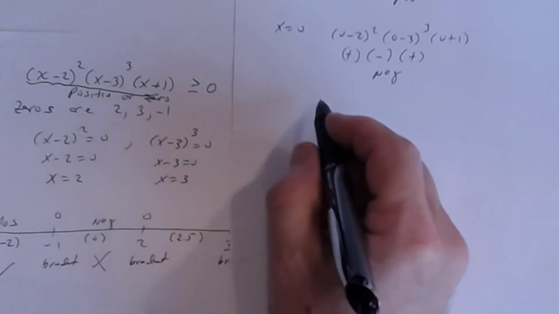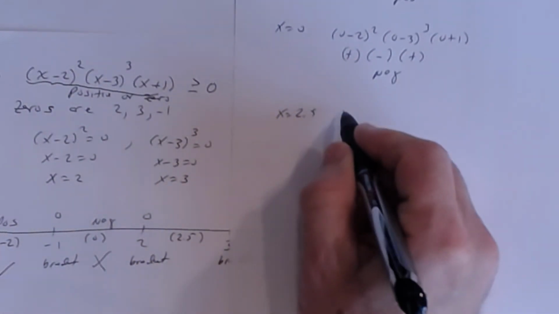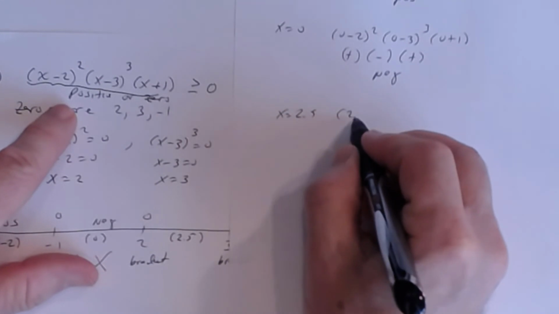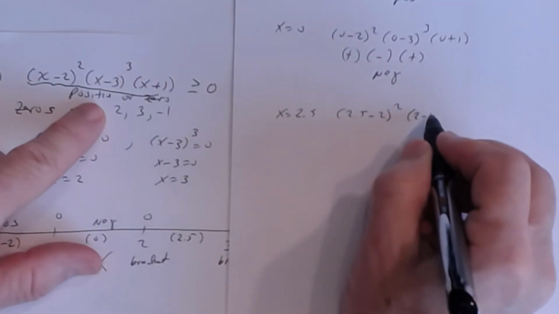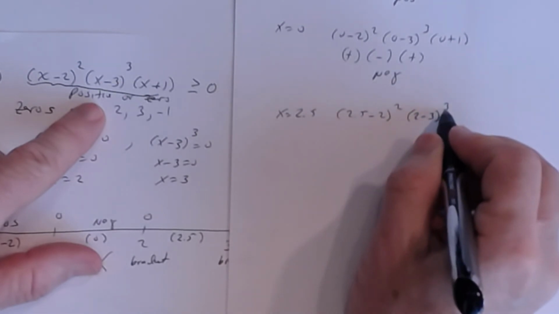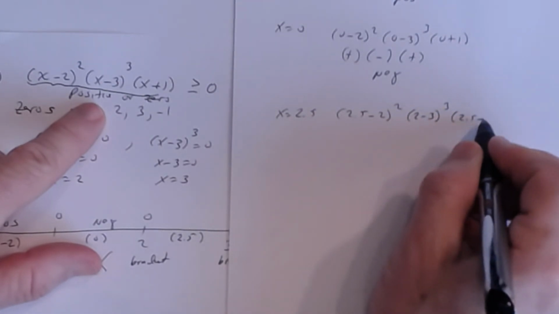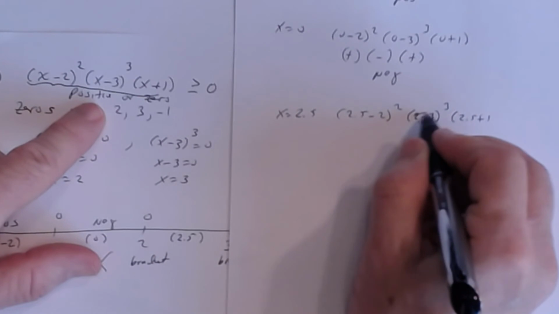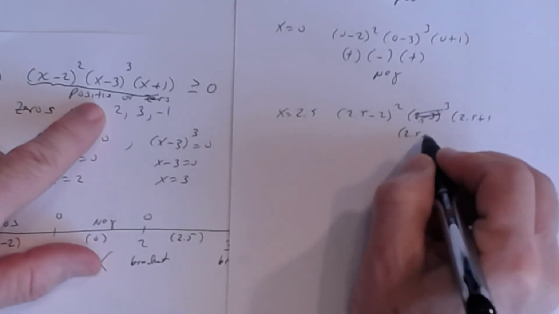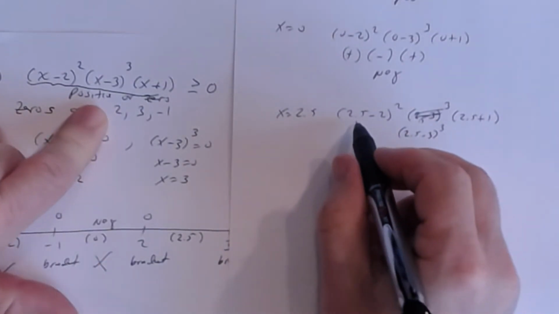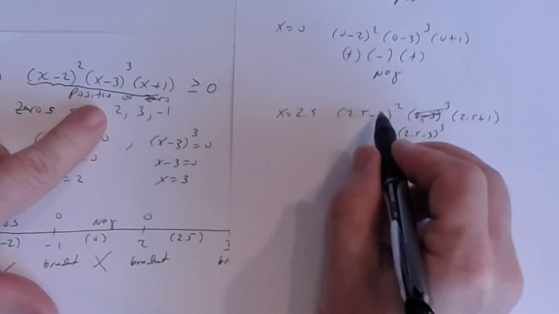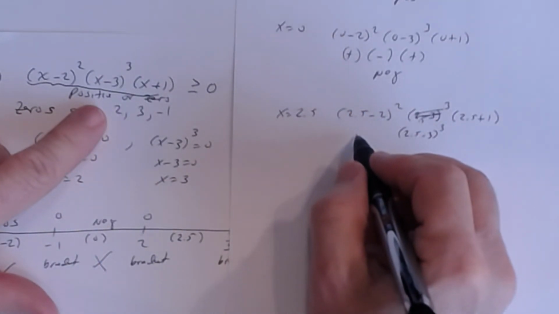So I get 2.5 minus 2 squared times 2.5 minus 3 cubed times 2.5 plus 1. All right. No matter what number this is, when I raise it to even power, it's going to be positive.